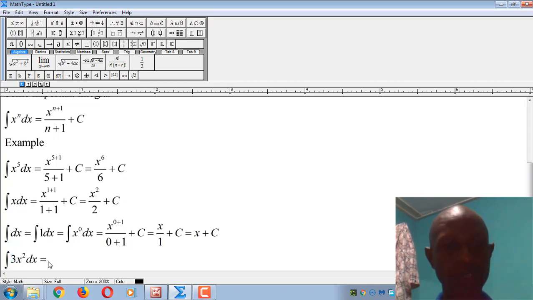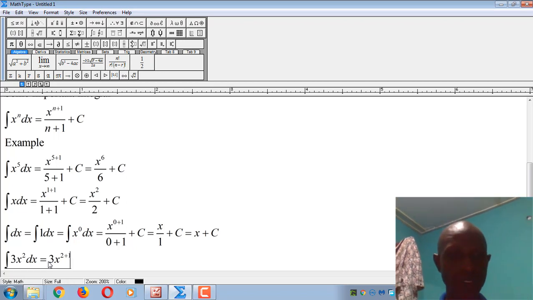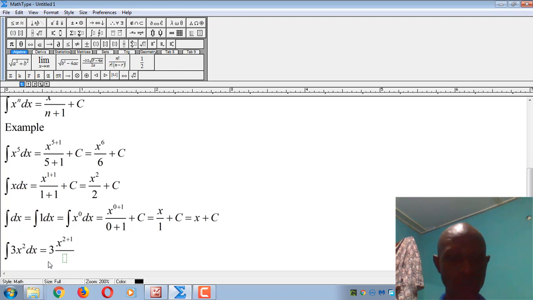Then we have 3 times x raised to the power of 2 plus 1, over 2 plus 1, plus c. This gives us 3x cubed over 3, plus c. So that will be x cubed plus c.